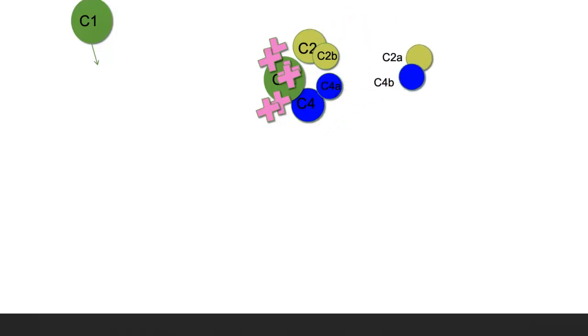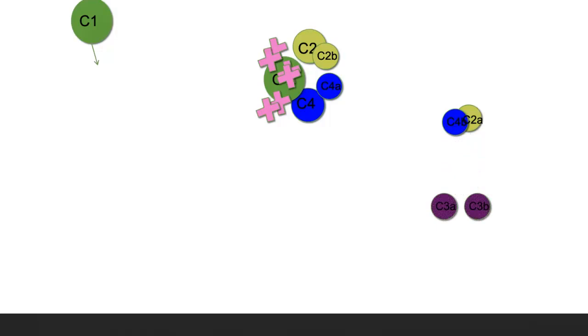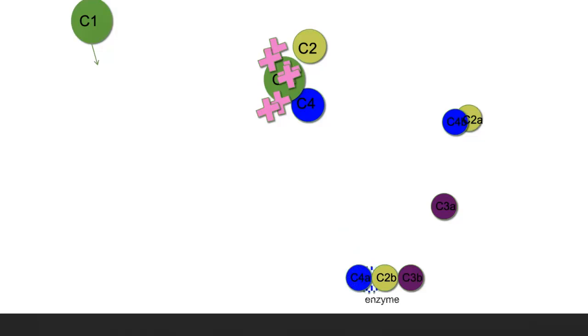The C2A and C4B come together then to form an enzyme. That enzyme is then going to travel to bind with C3 and will cause C3 to cleave into C3A and C3B, which C3B then comes together with C2B and C4A and forms another enzyme.